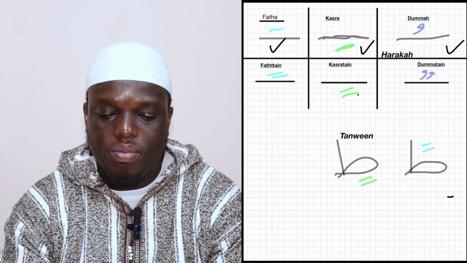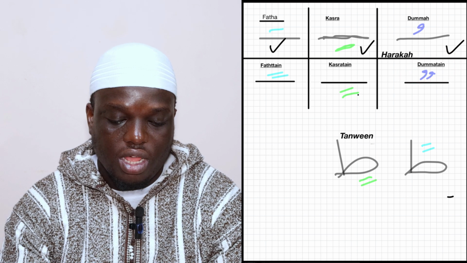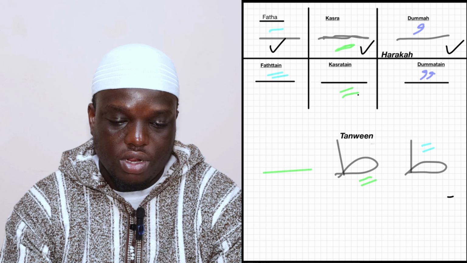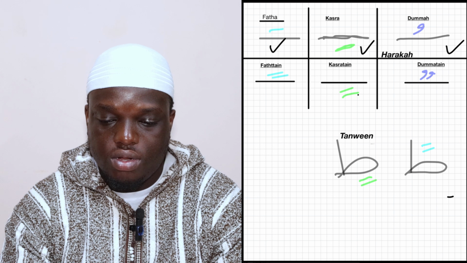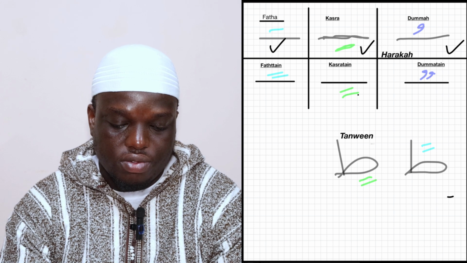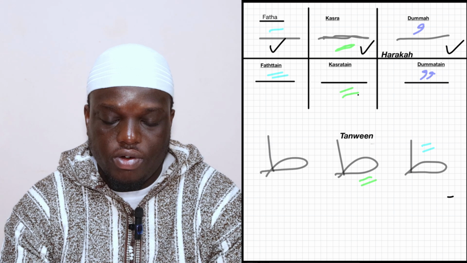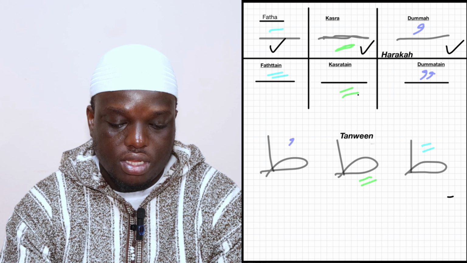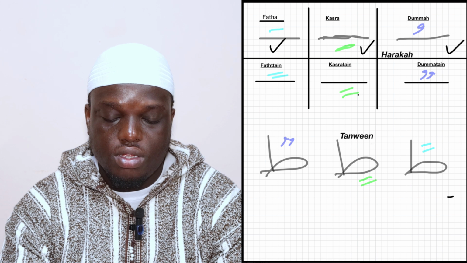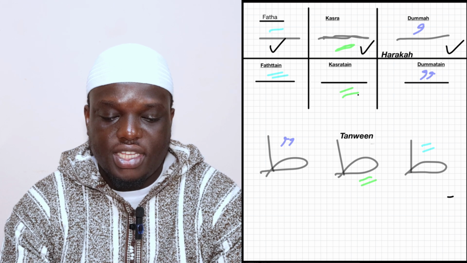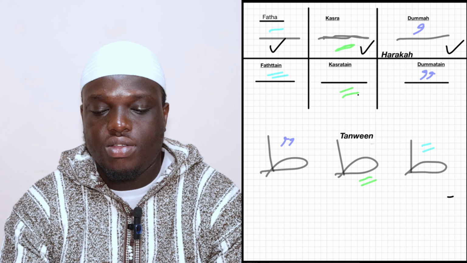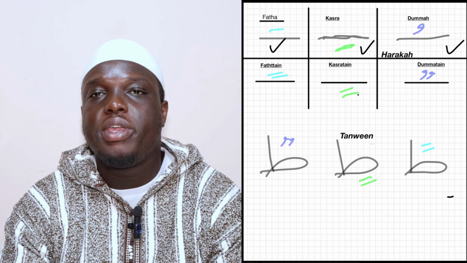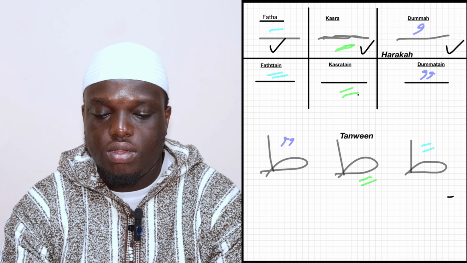Now we're going to go to dhammatain. Again, we're going to use the same letter, which is our ta, and apply a dhammatain. If fathatain is an an sound and kasratain is an in sound, what sound will dhammatain be?